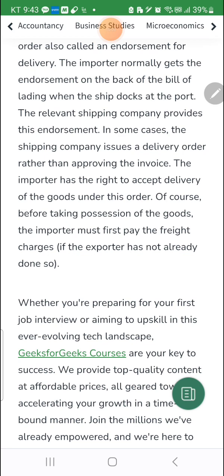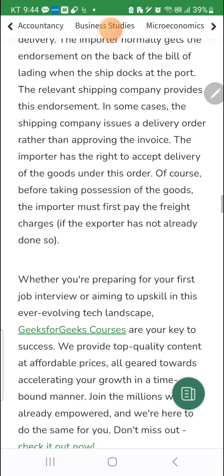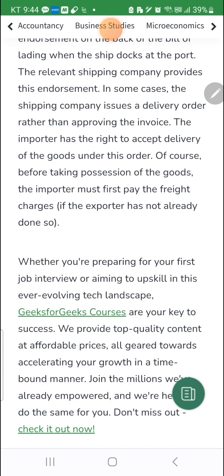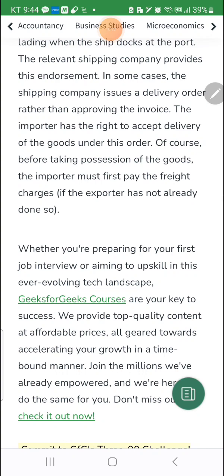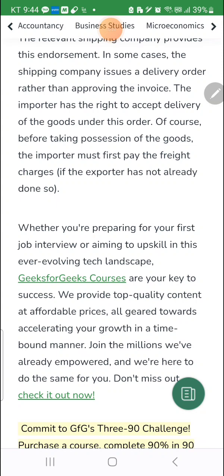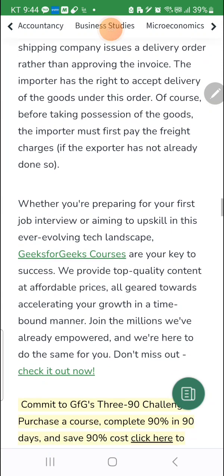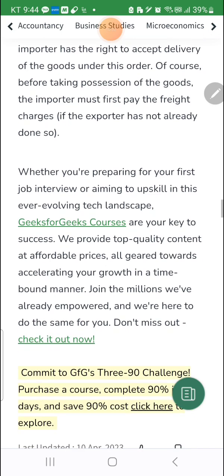In some cases, the shipping company issues a delivery order rather than endorsing the invoice. The importer has the right to accept delivery of the goods under this order. Of course, before taking possession of the goods, the importer must first pay the freight charges if the exporter has not already done so.